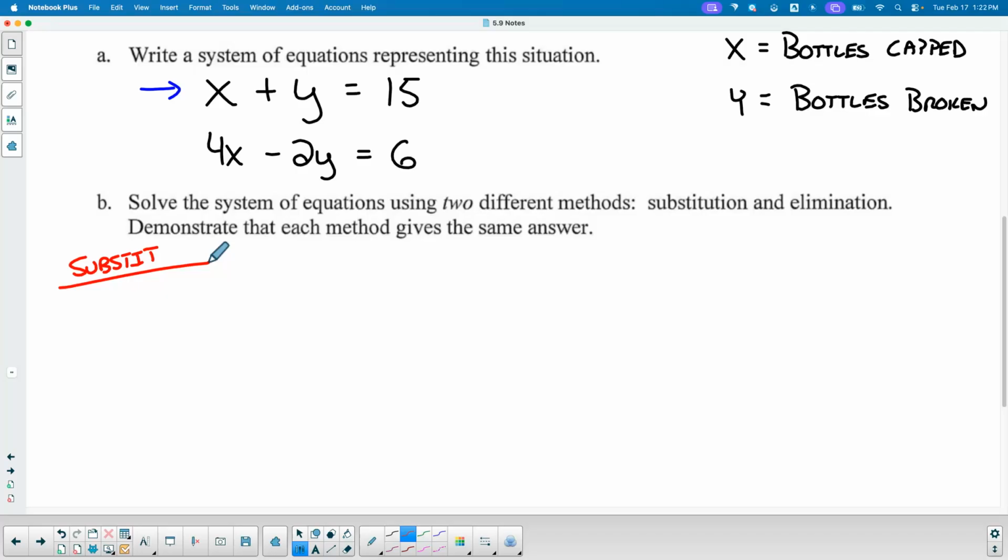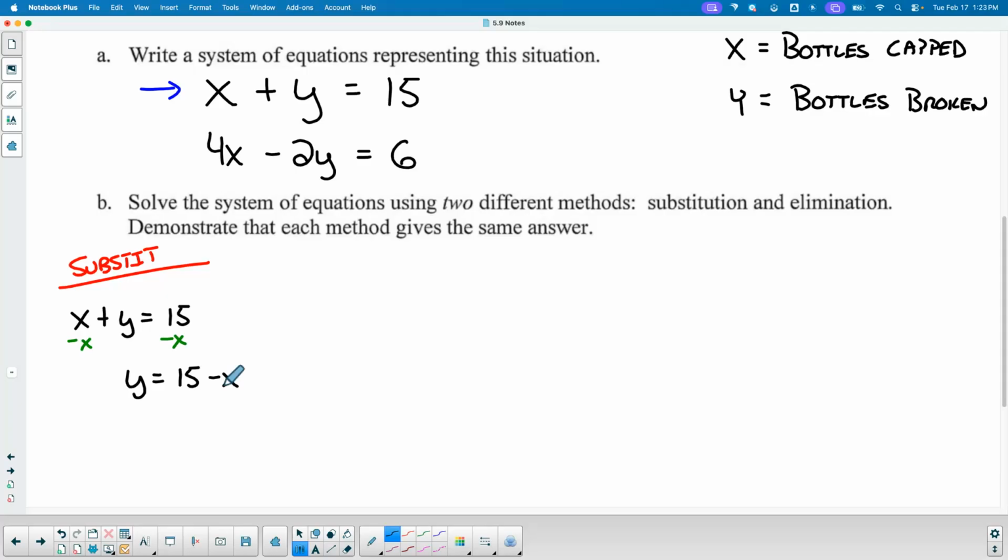Which equation, top or bottom, do you want to solve for? And which variable, x or y? Top for y. How would I go about solving the top equation, x plus y equals 15 for y? Subtract x from both sides. That gives me y equals 15 minus x.